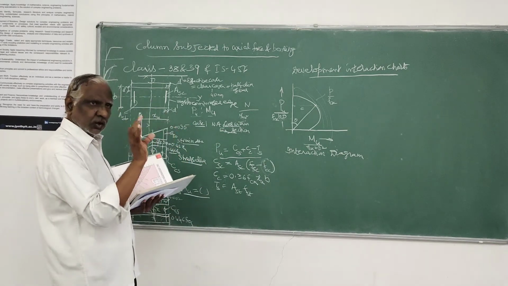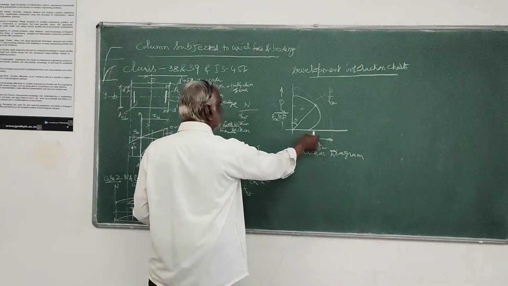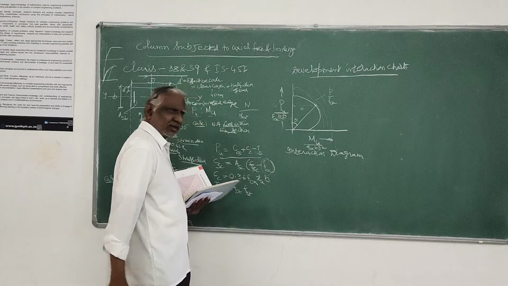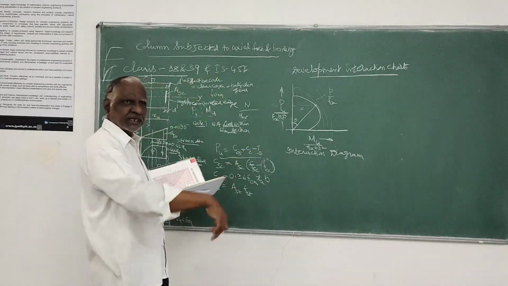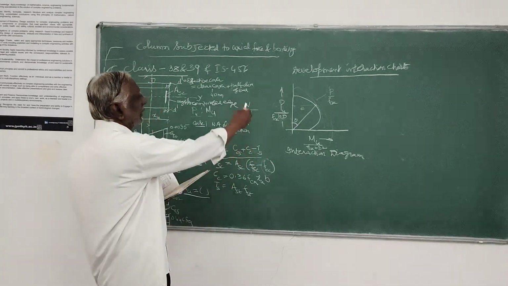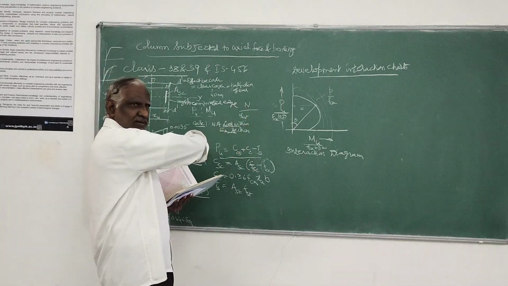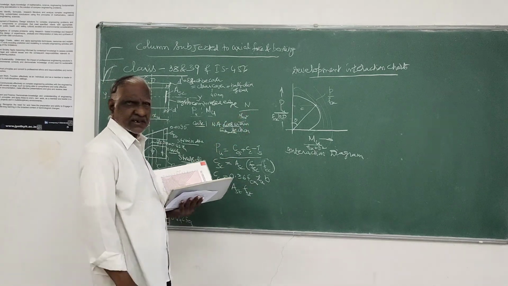So knowing the eccentricity value, you can find out Mu. Pu is also already known. Pu into e will be your Mu. So if they give the axial load and its corresponding eccentricity, you can still use that formula, because that holds good, as it clearly represents that eccentricity.